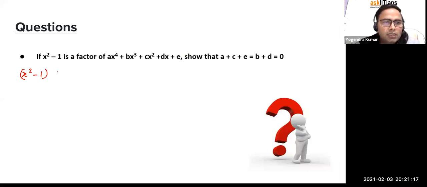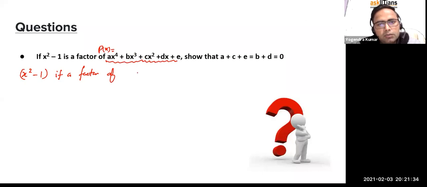x square minus 1 is a factor of this polynomial, right? I would name it p of x. This is my p of x, this full polynomial. This is my polynomial, right? P of x.